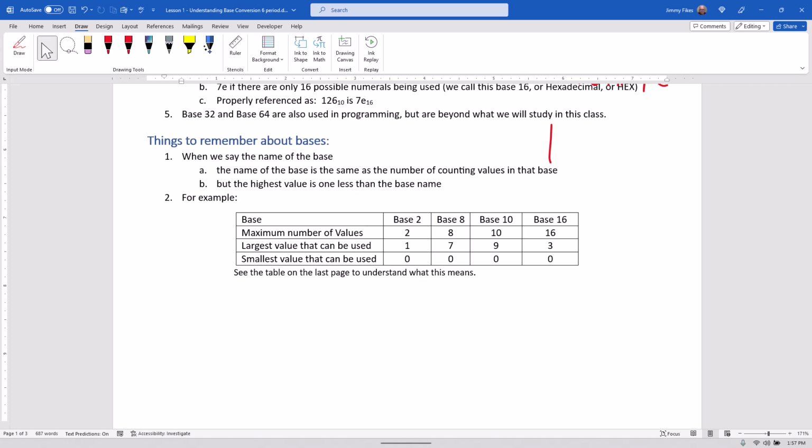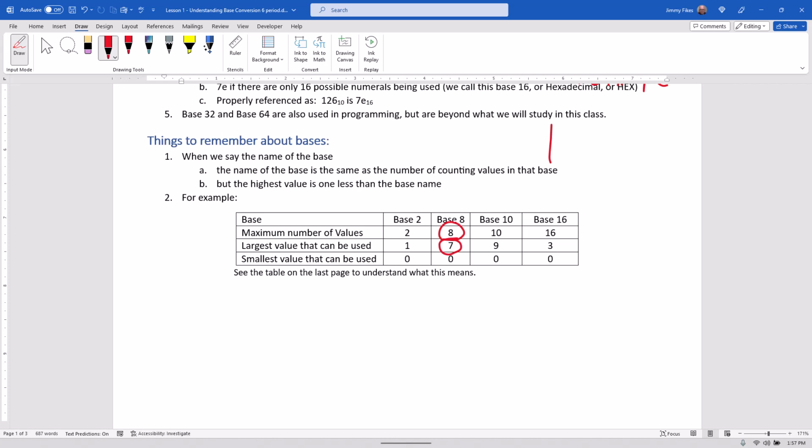So like base 8, there are 8 counting values. But the largest possible counting value is always going to be one less than the name of the base. So in base 8, your number of counting values is 8, but the largest one is going to be a 7.